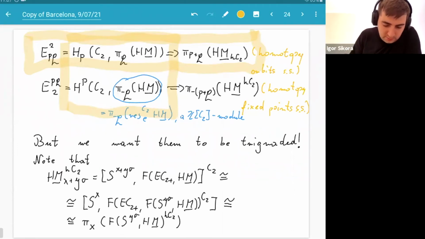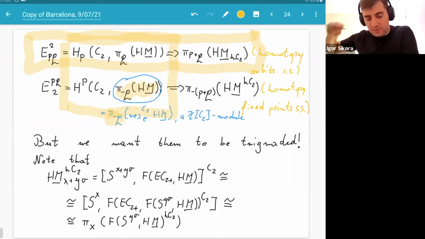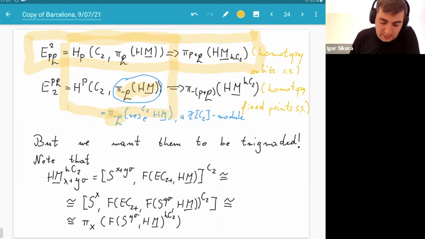So here is what I mean by this. These are just homotopy groups of the restriction of HM, thought of as C2 modules. And these spectral sequences converge to what we want them to converge.